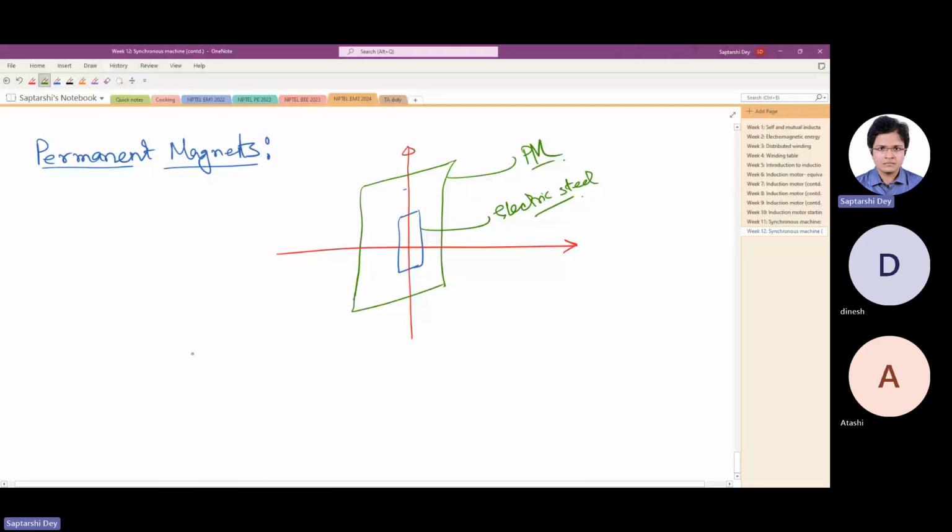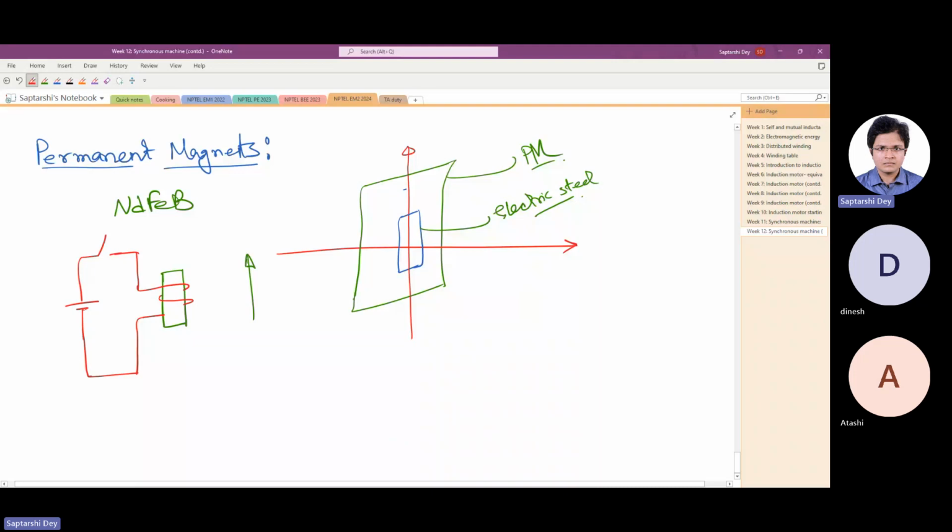Now suppose you have a piece of NdFeB in your hand, a bar, and you are trying to magnetize it in this direction. So what you do is you take it to a solenoid and supply a DC voltage momentarily.